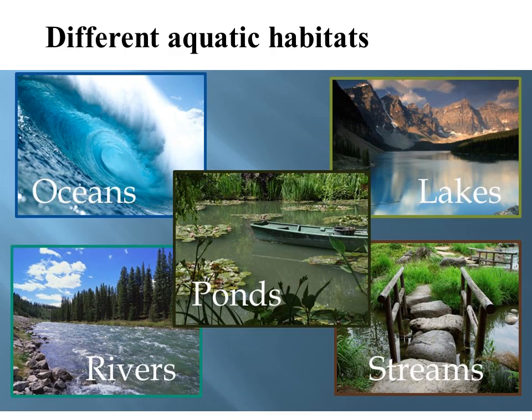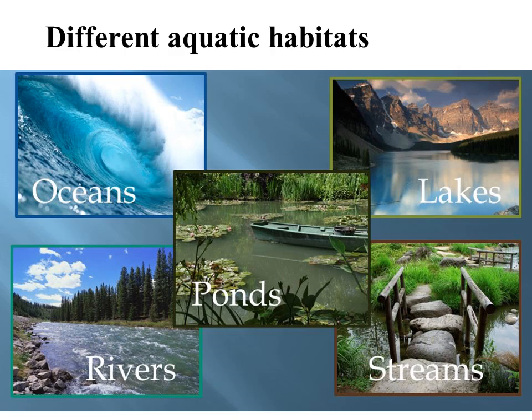So that is the aquatic habitat. In terrestrial habitat, terrestrial organisms live, grow and propagate on the land, that's why they are called terrestrial organisms, and their habitat is known as terrestrial habitat. Such as man, tiger, tree. These all are terrestrial organisms, and here the main medium is air.